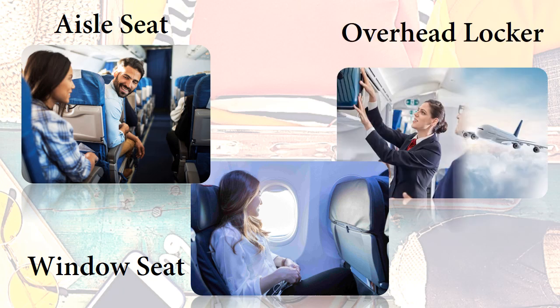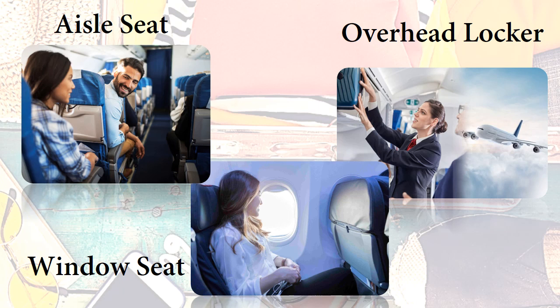Aisle seat. A seat that is next to a long, narrow space between rows of seats. Window seat. A seat that is next to a window. Overhead locker.